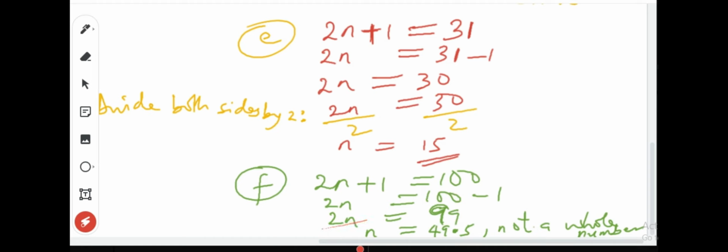So 99 divided by 2 will give us n equal to 49.5, which is not a whole number, so it can't work.